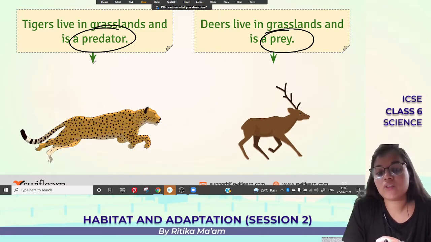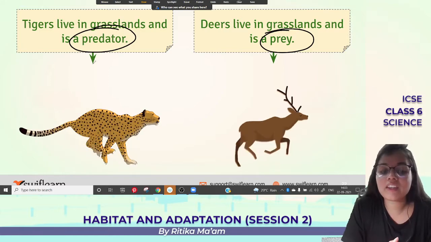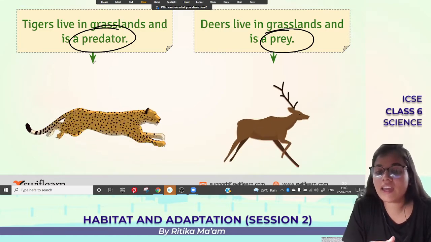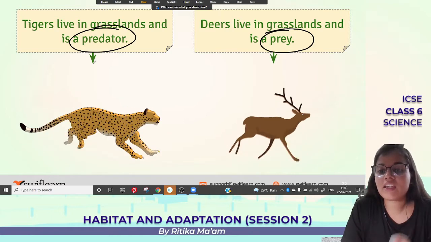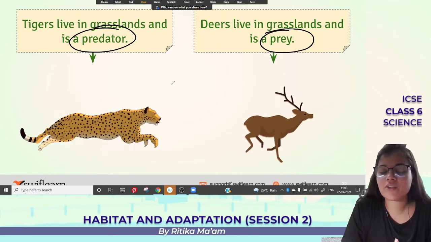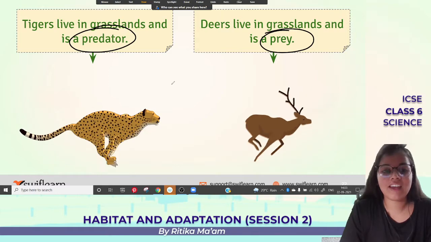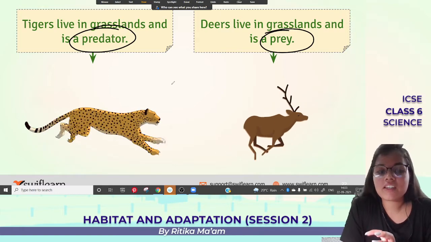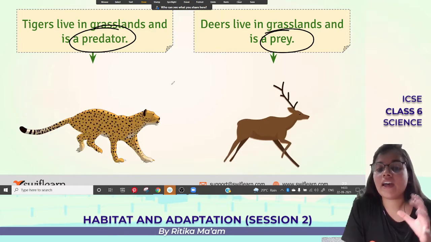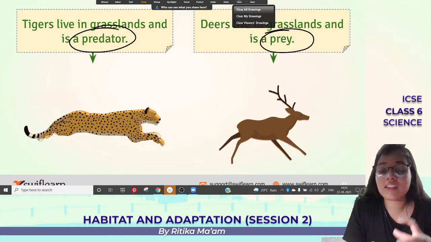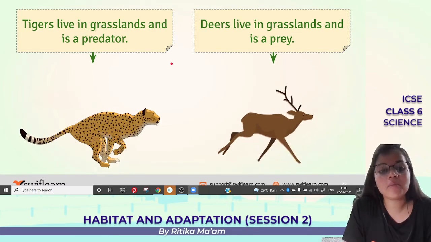And deer are known as prey because these are the animals which are hunted by lion, tiger, cheetah, etc. So prey is the shikar and predator, we can say, is the shikari, right? So predators kill other animals in order to survive, and prey are the animals which are killed by predators.